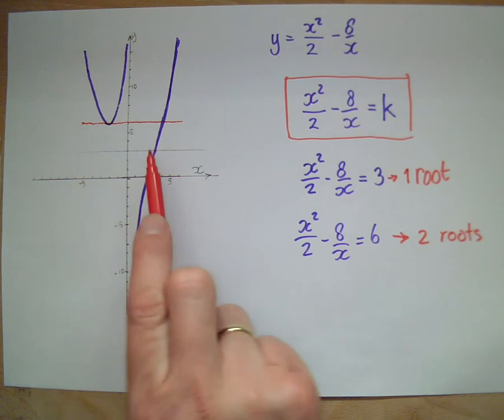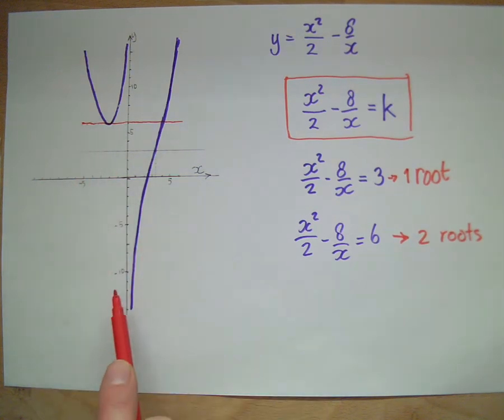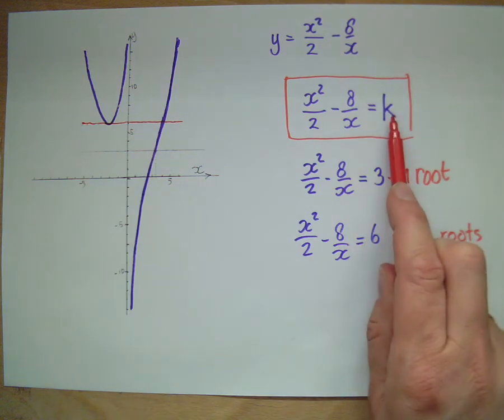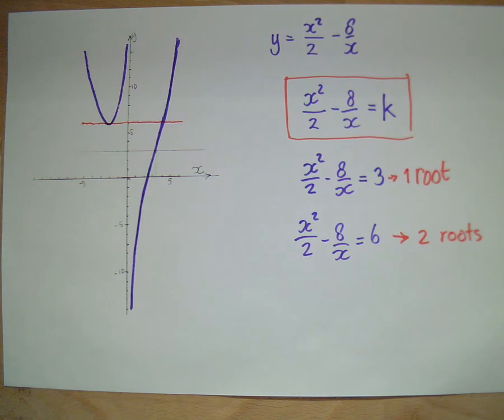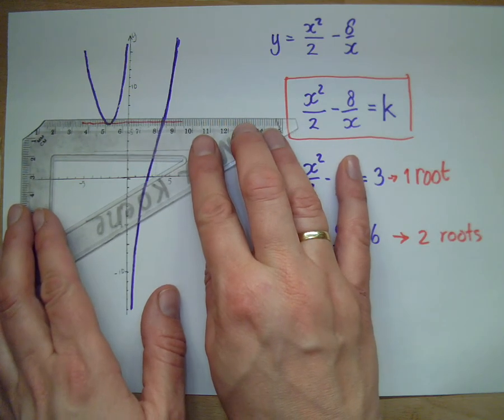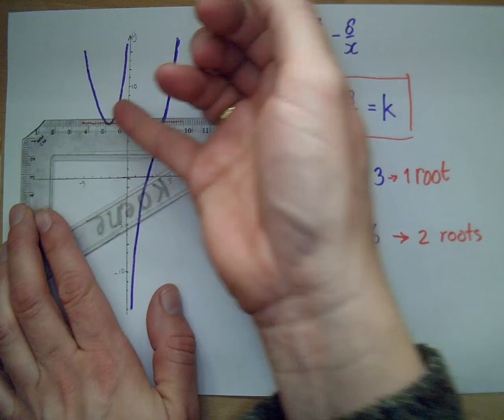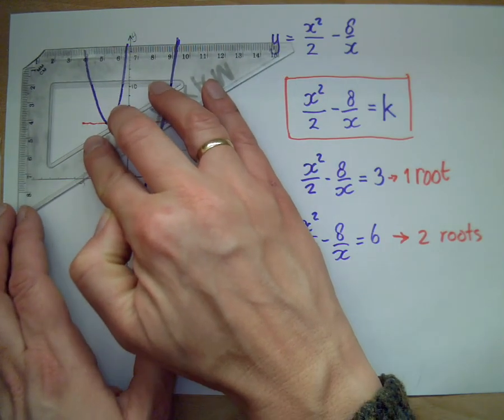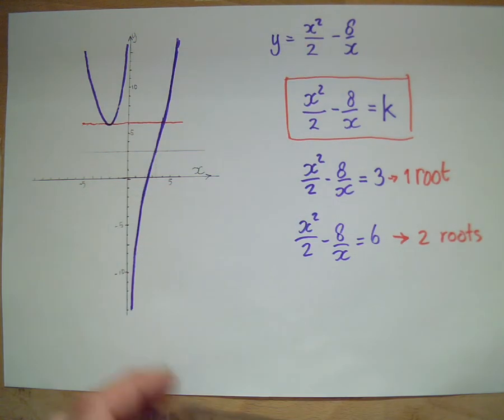Now can you think of a constant for k that we can plug in that'll give us even more than two roots? If you look at it carefully, you will see that anything above 6 gives us 3 roots. Everything above 6 gives us 3 roots.